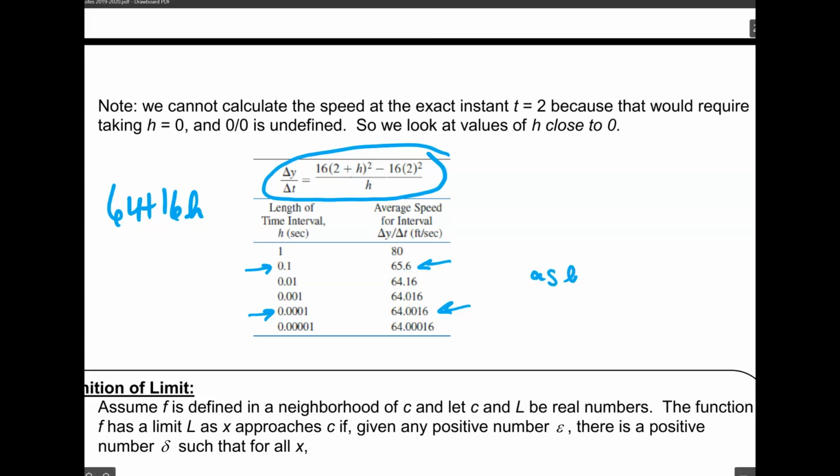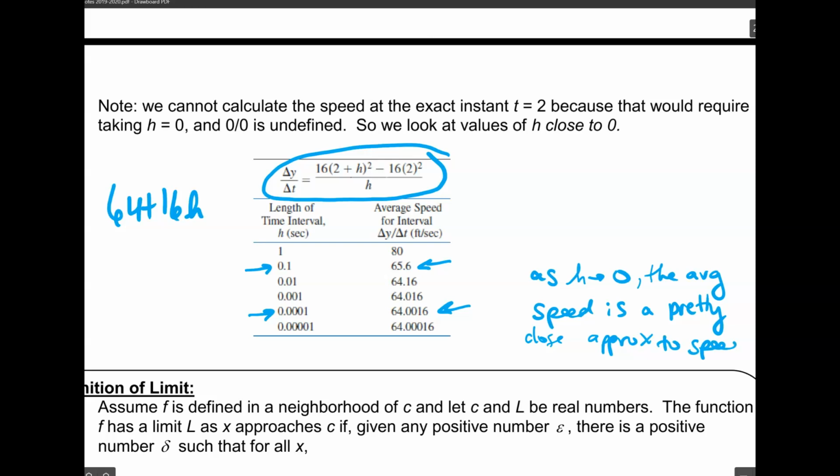So as H goes to 0, the average speed is a pretty close approximation to the speed at t equals 2. Because I could plug in 2 for t into my equation, and I find it's 64.